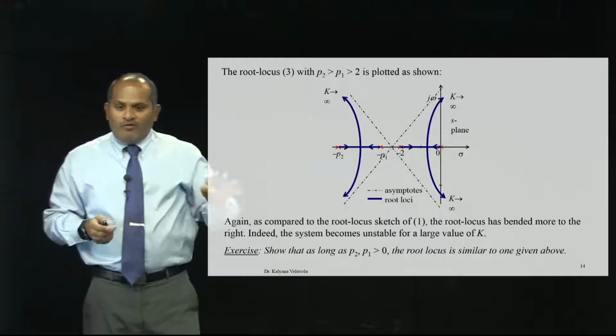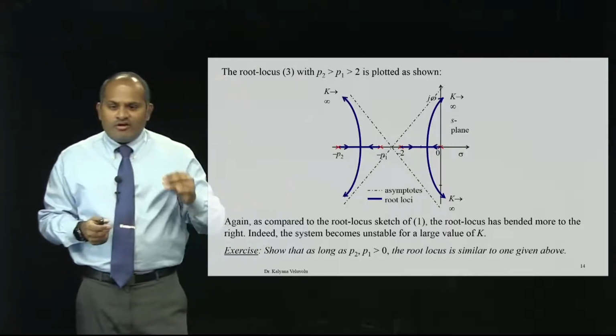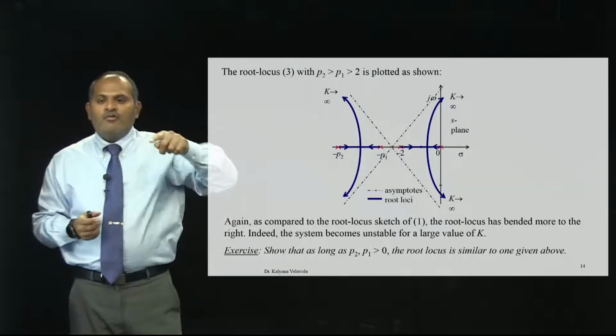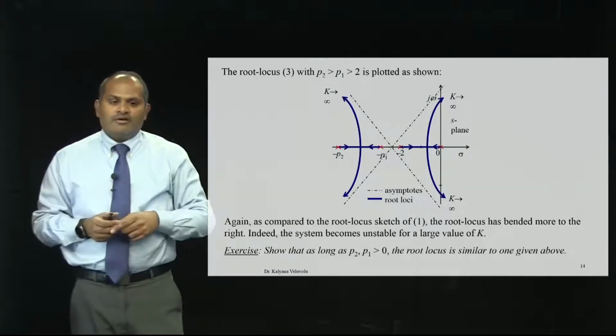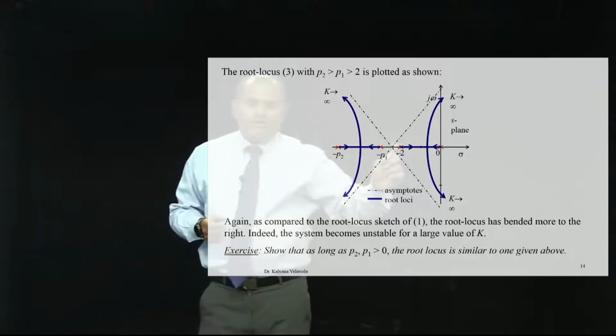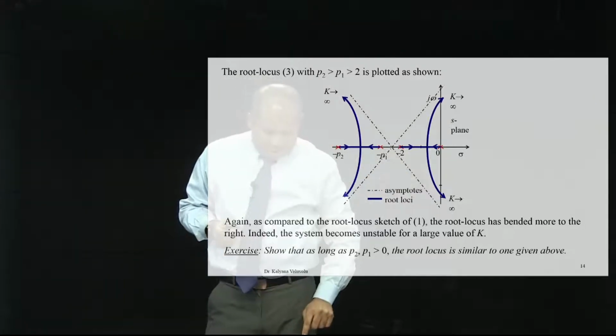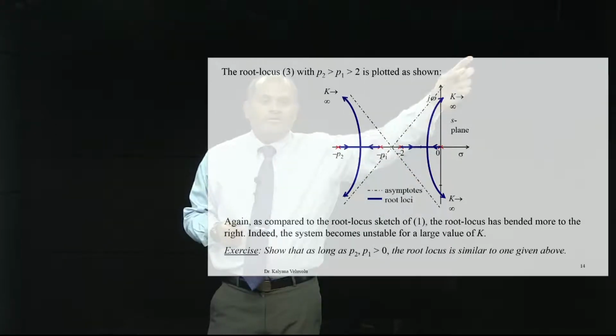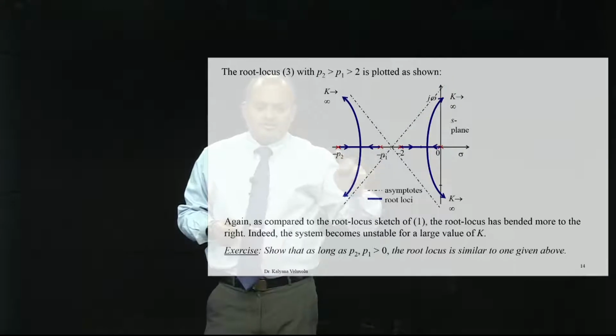When you have 4 poles, what are the asymptotes? 45, minus 45, 135, minus 135. So, you have 2 poles here and 2 poles here. Because there are no zeros, these 2 break away and go in this direction, and these 2 break away and go in this direction, according to the direction of the asymptotes.